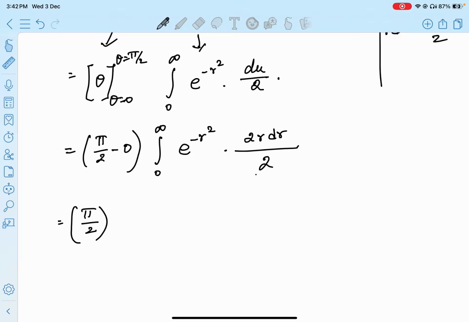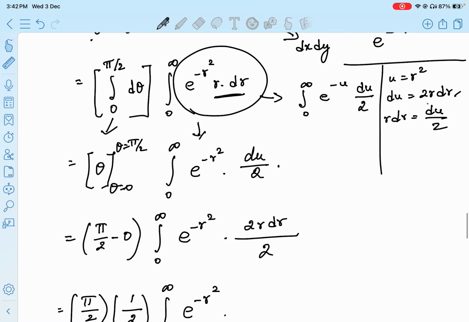We take this 2 outside, so it becomes 1 by 2 times the integral from 0 to infinity of e to the power minus r squared into 2r dr. Again, this 2r dr can be written as du.